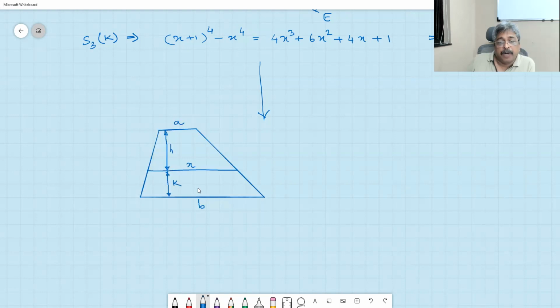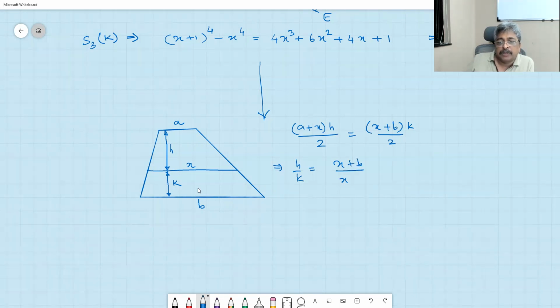Okay, so a plus x into h upon 2 is equal to x plus b into k upon 2. This is first equation that you have, which gives you h by k is equal to x plus b upon x plus a. 2 gets cancelled. So this is the first information that you have.